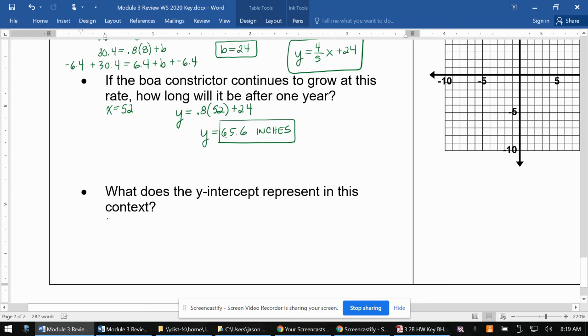So this would be the length of the boa constrictor at birth, which would be 24 inches when time is 0.